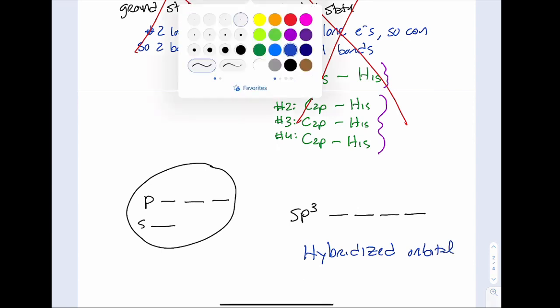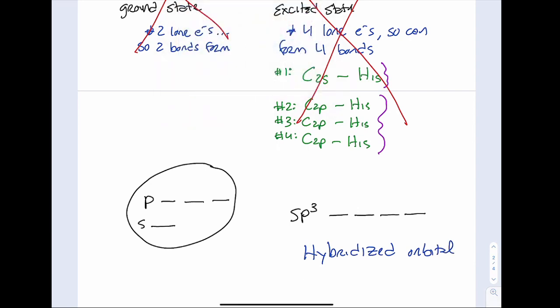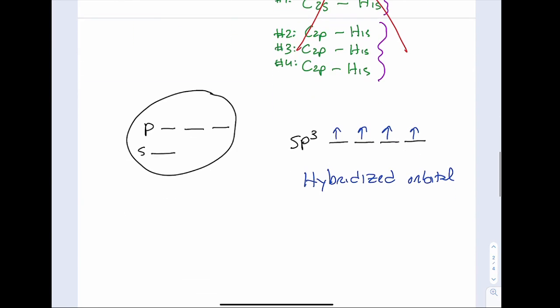If I was to put my electrons back in it for carbon, I have 1, 2, 3, 4. So I have 4 lone electrons, I can form 4 bonds. They're all in the same orbital. So now every single bond of carbon in that CH4 molecule is the overlap between carbon's sp3 orbital.